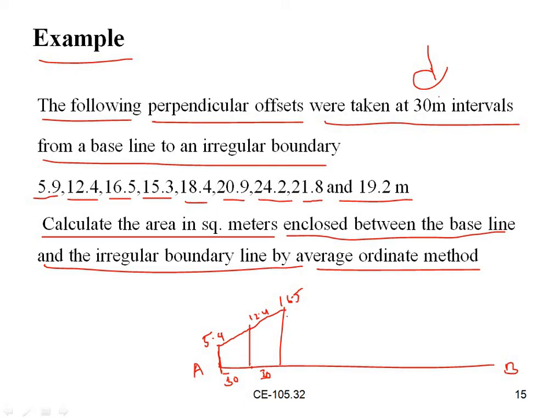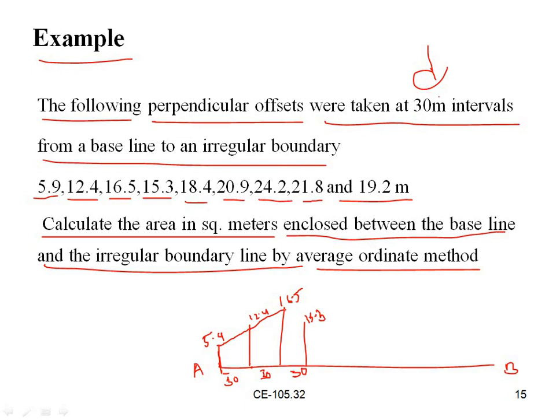So next, after 16.5, again you take the interval of 30 meters. So this should be the common point compulsory. These 30 meters should be taken compulsory. Then again from 30 it should go to 15.3.